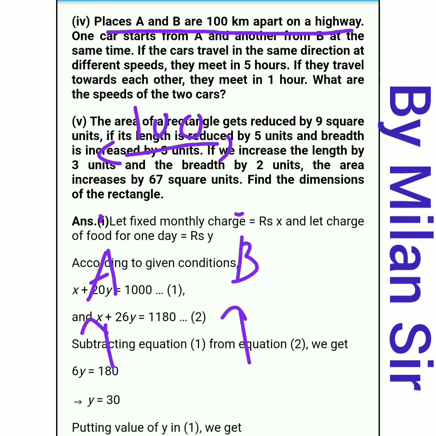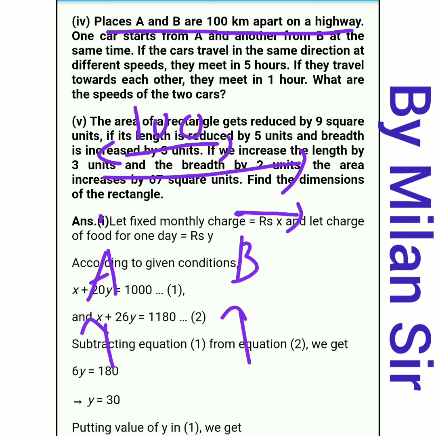If the cars travel in the same direction at different speeds, they meet in 5 hours. If car A travels left to right, then in the same direction means car B also travels in the same direction.